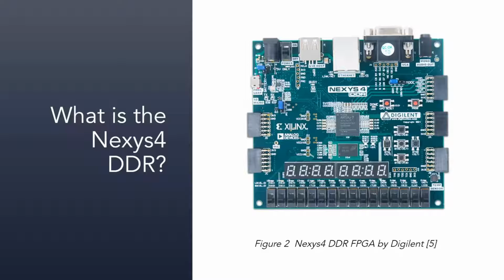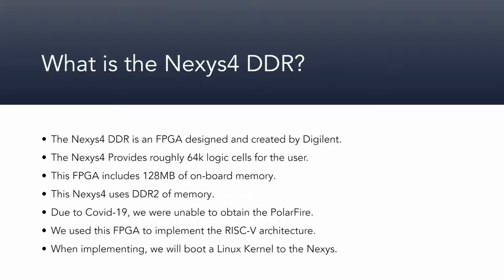And so what is a Nexys4 DDR? So Nexys4 is also an FPGA designed and created by Digilent. And the Nexys4 provides roughly 64K logic cells for the user. This FPGA includes 128 megabytes of onboard memory.